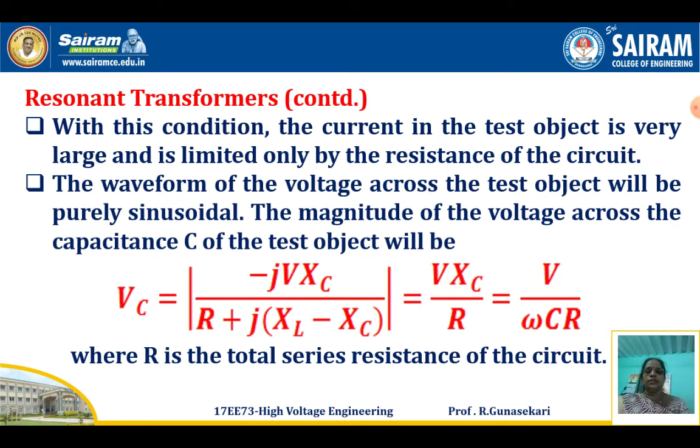You know R is nothing but the total series resistance of the circuit. Vc is the magnitude of the voltage across the capacitance C, XL is the inductive reactance, Xc is the capacitive reactance, and V is the voltage. Omega is the angular frequency or power frequency.